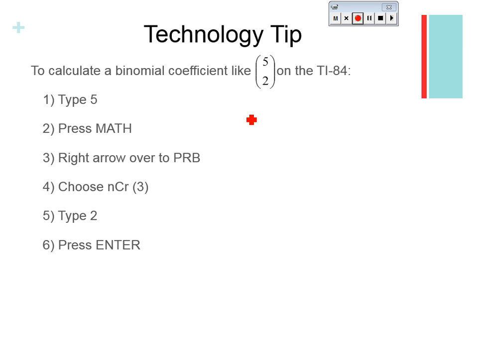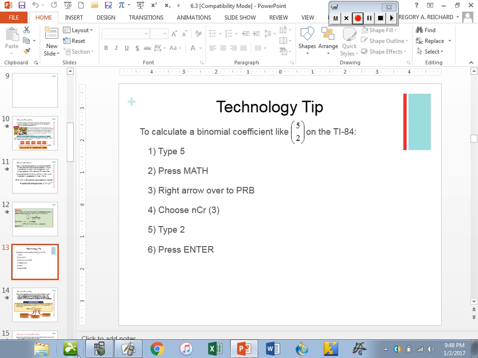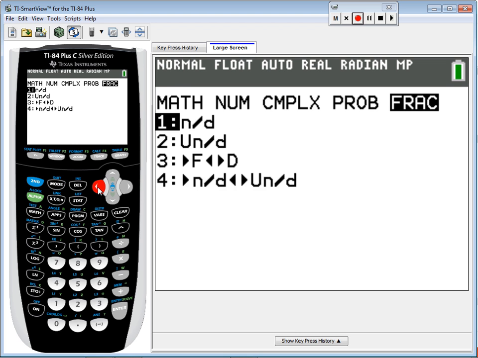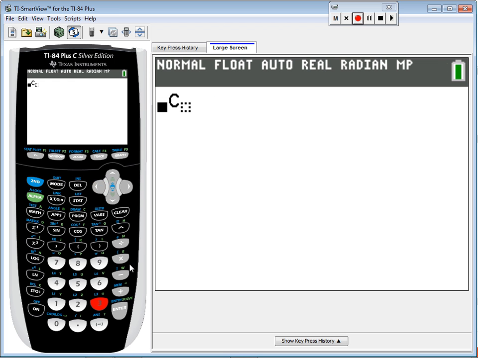So if you go to your calculator, this is simply the combination rule. Let me exit out of here and come back to the calculator. I go to math, and I go over to probability, and I have this 3 right here, which is the combination rule. What I want to put in for the first blank is the number of trials, and for the second blank the number of successes.